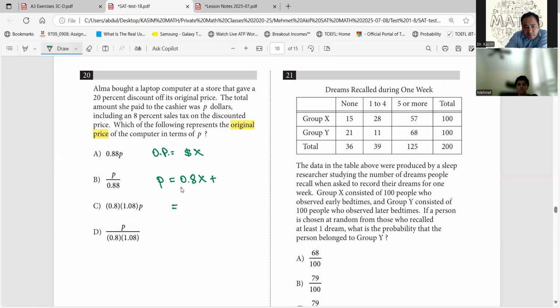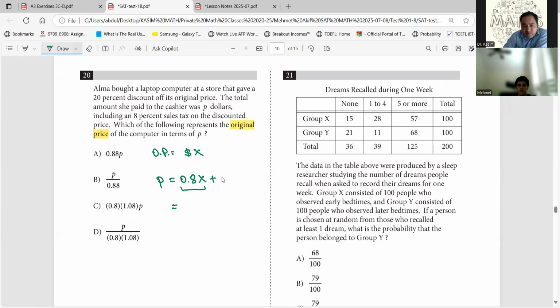Because you're supposed to pay tax on the discounted amount. For example, if you're buying a computer for $100 and you get a 20% discount, you have to pay $80. So you have to pay $80 plus 8% on $80.